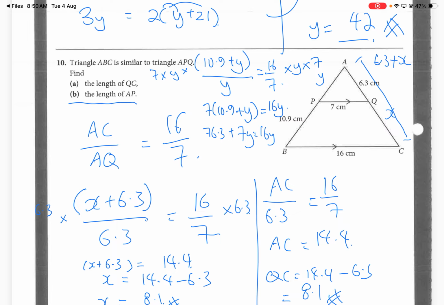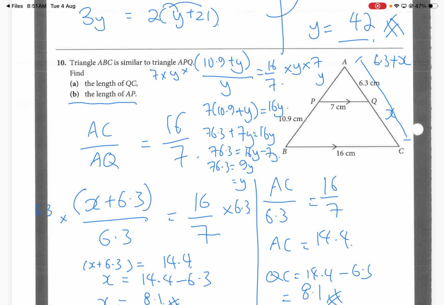Okay? Bring my 7Y across, or I subtract 7Y on both sides. I will have 76.3 equals 16Y minus 7Y. 76.3 equals 9Y.